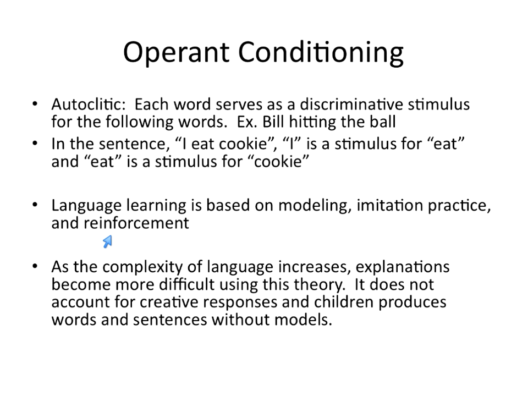It's hard to appreciate that children come up with creative responses. How did they figure that out? Did they just figure that out from modeling, imitation, practice, and reinforcement? There are too many holes there. And children produce words and sentences that they've never had a model for.